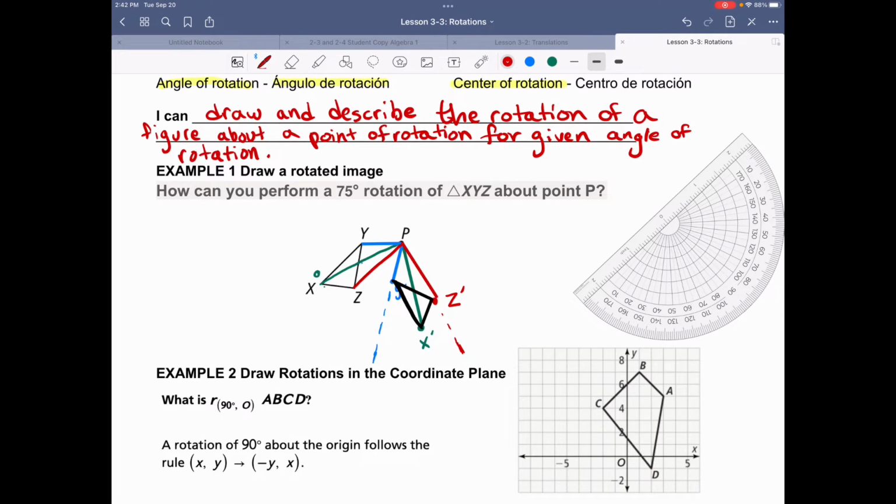It's just rotated 75 degrees. So that's kind of fun, using the protractor to do that.